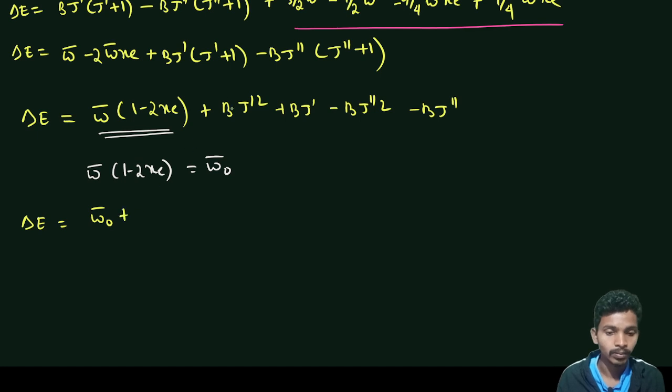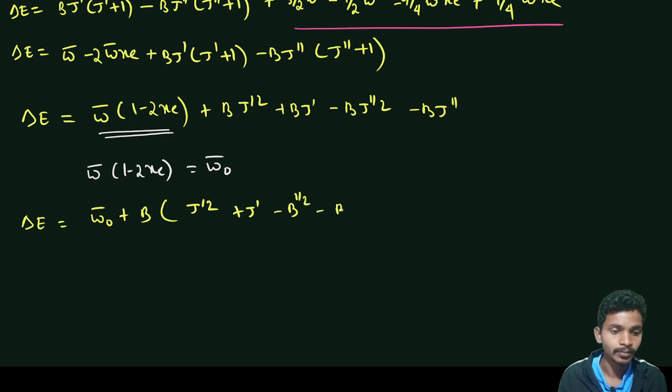plus this one. Everywhere B is there, so I can take B as common, then I can write j dash square minus j double dash square minus j double dash.